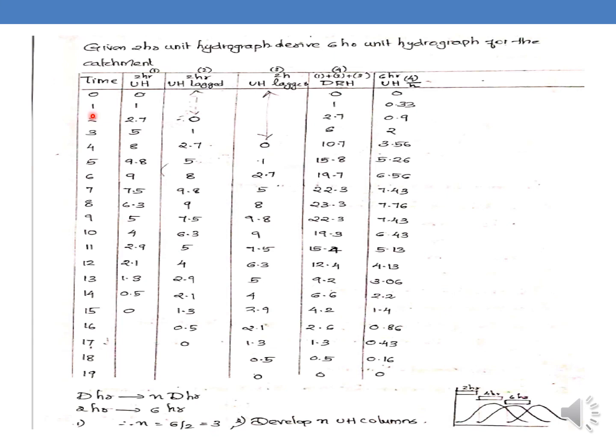But the time of observation is a 1 hour interval, so you should lag it by 2 hours. Like that, after 2 hours again one rainfall will occur. After the next 2 hours another rainfall will occur. You can see here, after 2 hours, then 2 hours, then 2 hours, the sum will be 6 hours.